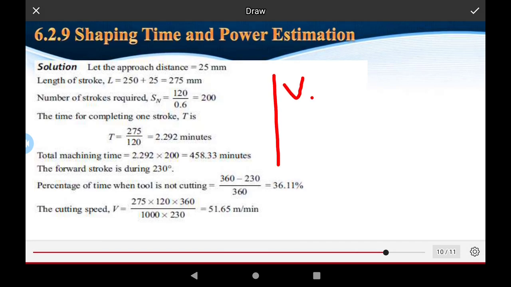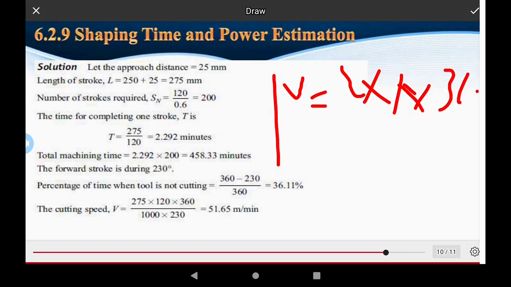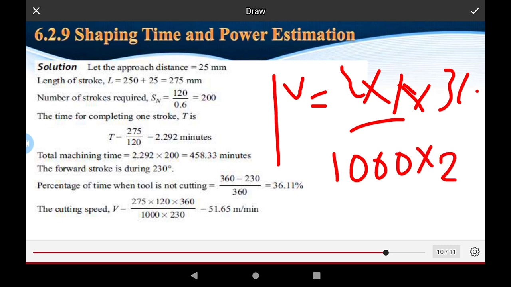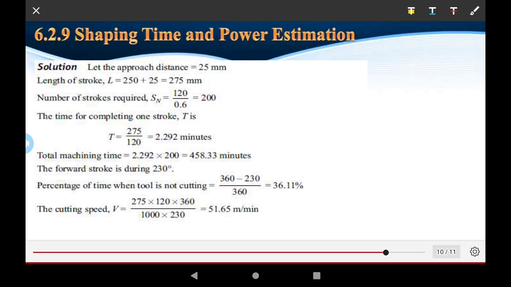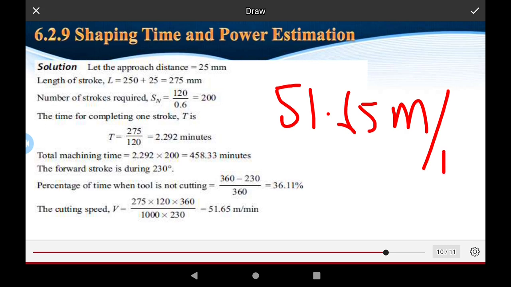The cutting speed v equal to L into N into total angle 360 degrees, upon 1000 into the given angle 230. Putting in the values, we find the cutting speed is 50.65 meters per minute.